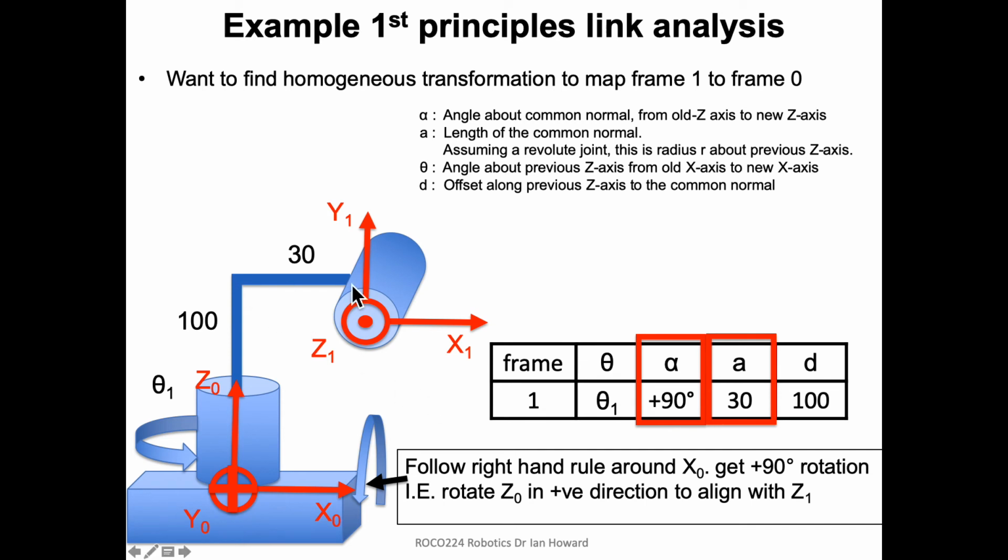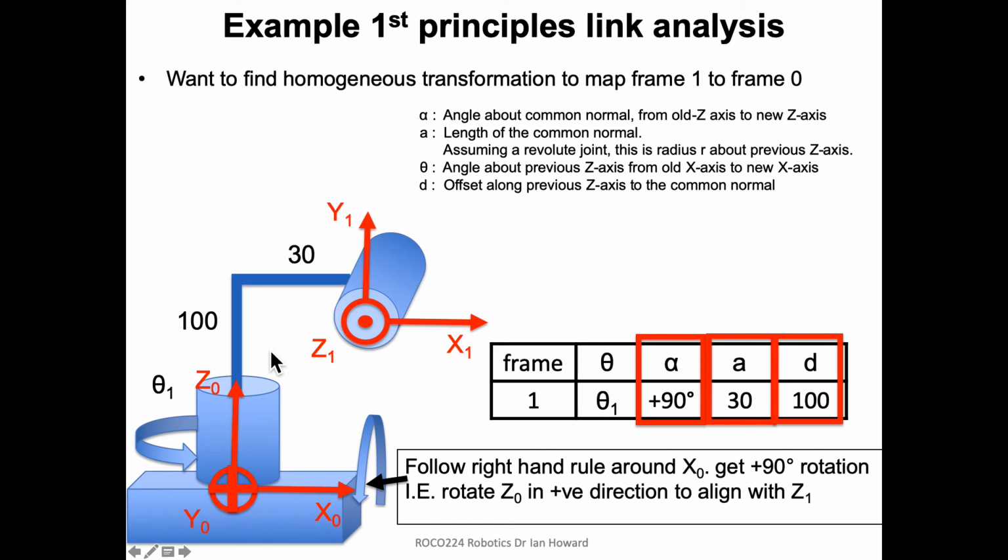This is Z0, and to where the rotated version of this will be is along by 30. So we've got this length along the x-axis, the common normal of 30 units, and that's what we put in the table here.